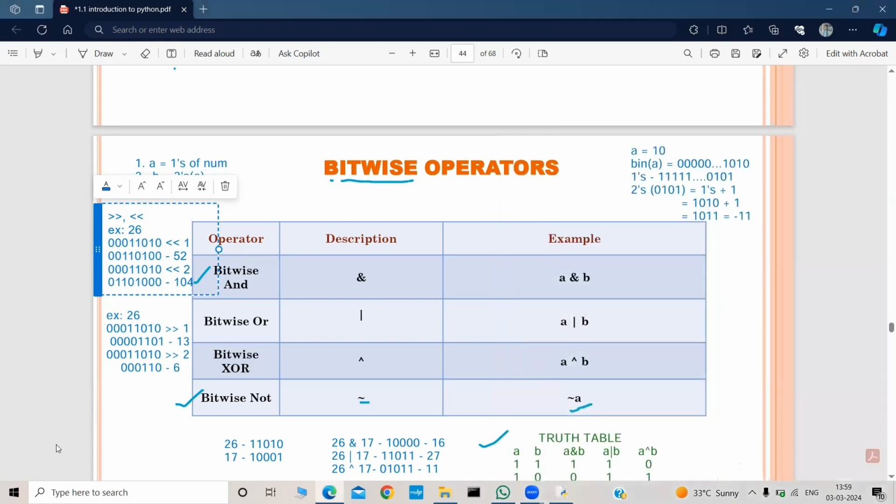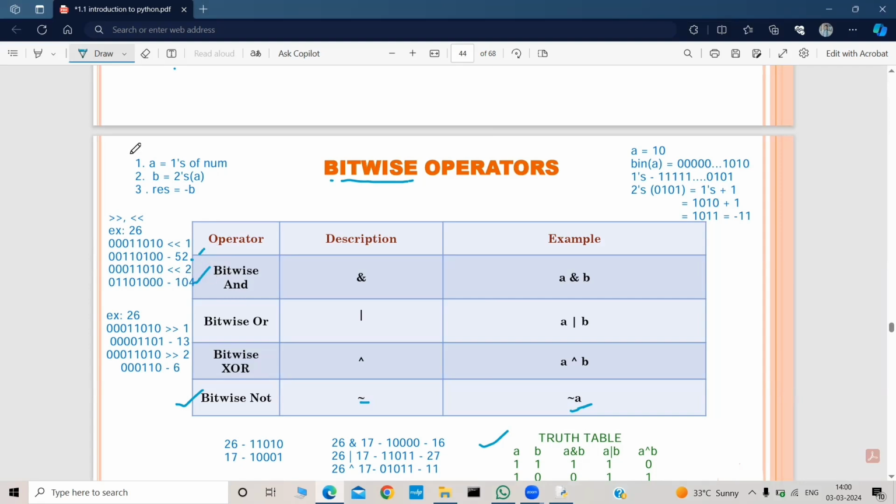And if you observe here, in the first one, I did 26 left shift 1. Then my result was 52. So what happened? We got 26 into 2, that was 52. And again, I did 26 left shift 2.